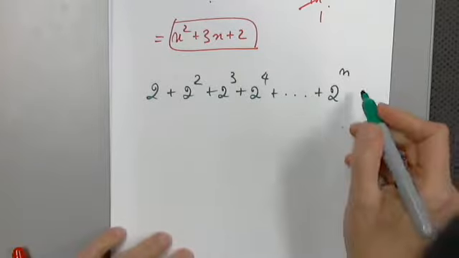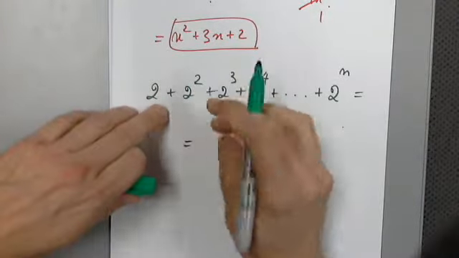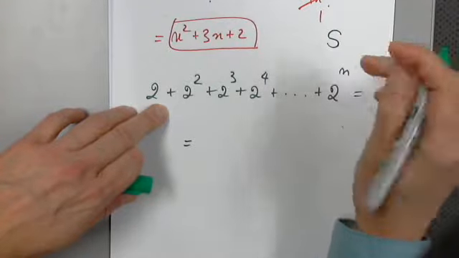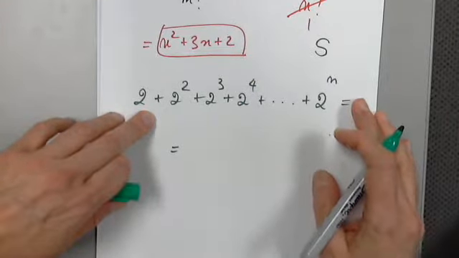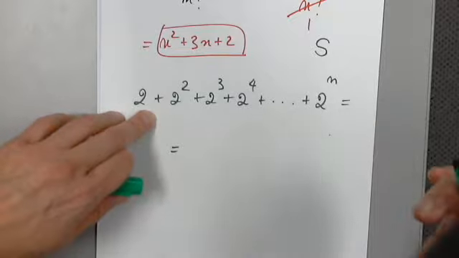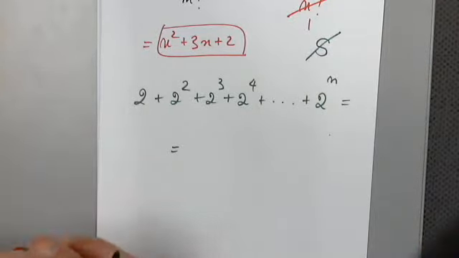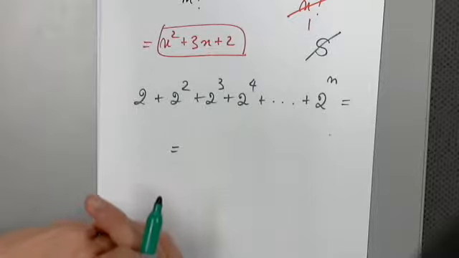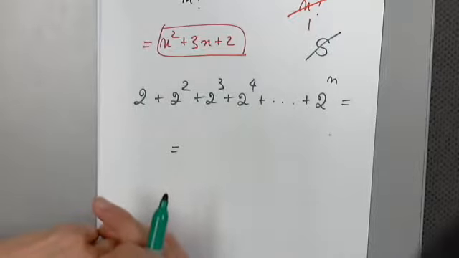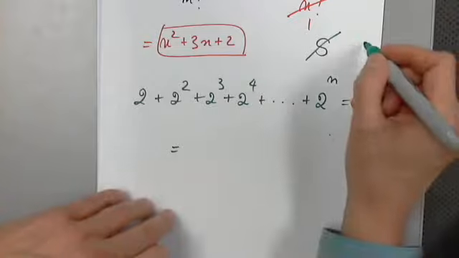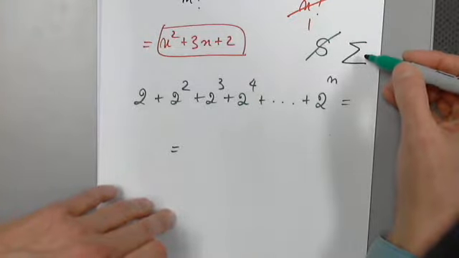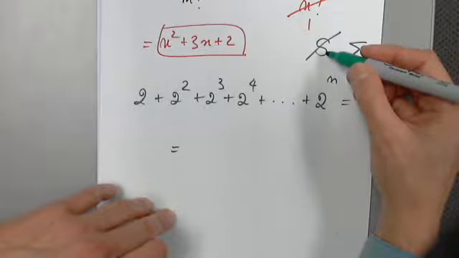Because it's a sum of terms, the notation has to have the letter S. However, this letter S does not really work for what we're trying to do. Instead, we're going to use the Greek letter S. This is the sigma notation. This is a much better drawing or letter than this one.